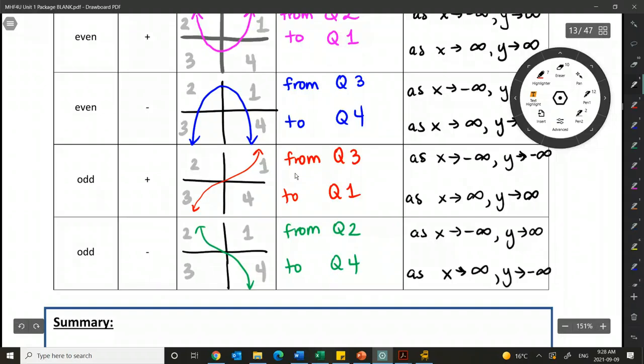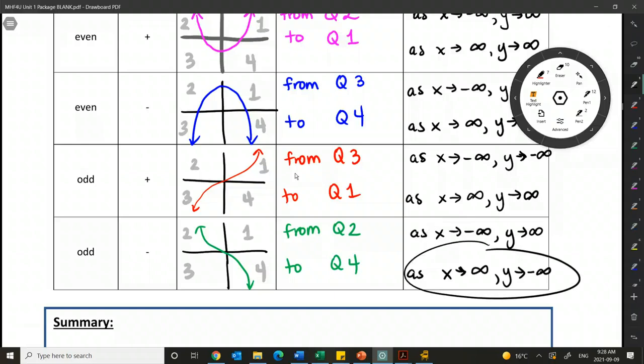Very good. Okay, so we are saying the left end goes up. That's what we're saying with this statement. As x goes toward the left, y goes up. And then this statement is saying as we go toward the right, the end goes down. Good. Questions on this so far?